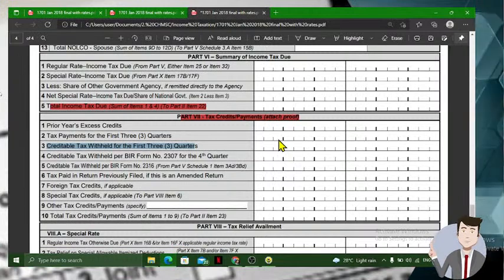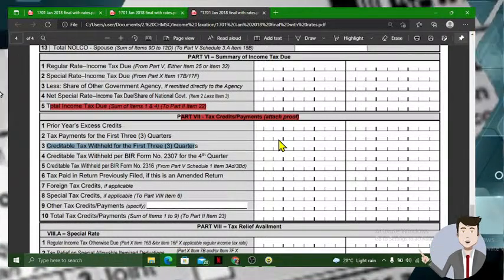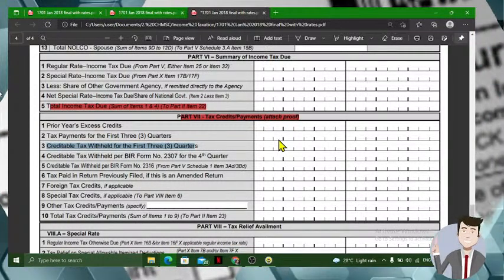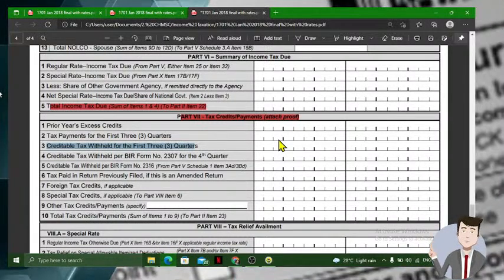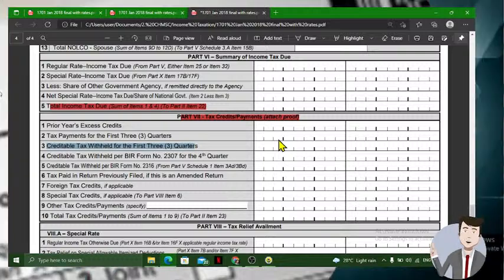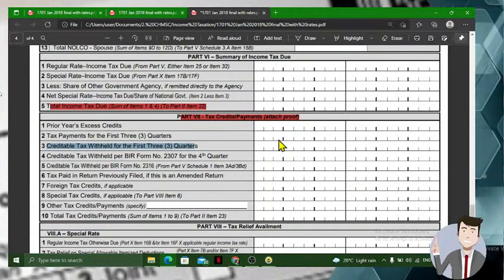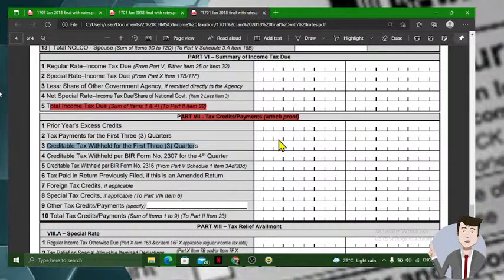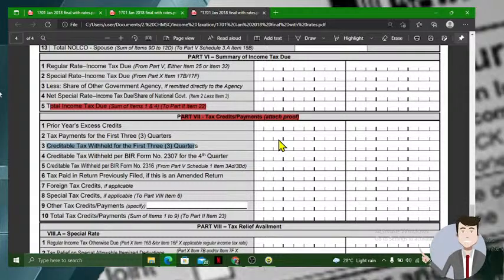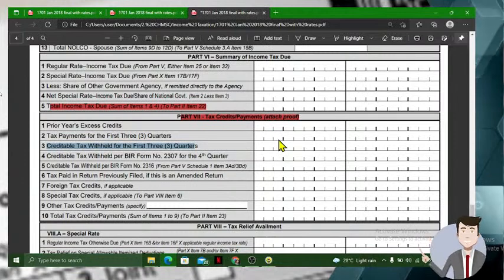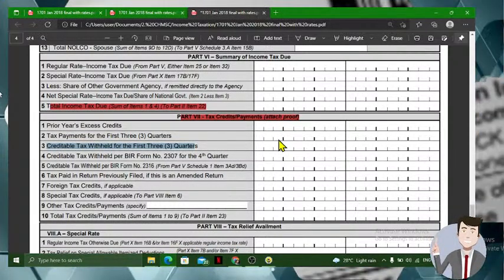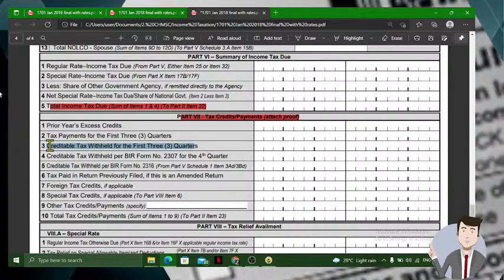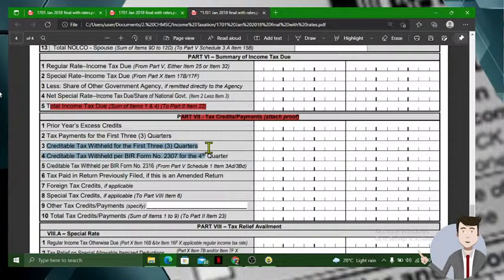Your BIR Form 2307 is the proof that ang naghatag sa imo sang income, inhalin ang imo income or the income at source, like for example, if it came from your client withheld either 2% or 10%, whichever is applicable, kag wala naging ging hatag sa imo as payment, but instead ging withheld na, and the income at source is the one that remit it to the Bureau of Internal Revenue, so you have to sum it up, and that would be your creditable withholding tax withheld for the first 3 quarters.